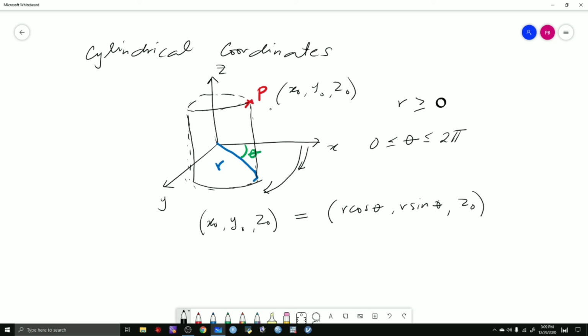To obtain r, the formula is the square root of x squared plus y squared, and for theta, we can use tangent theta equal to y over x.